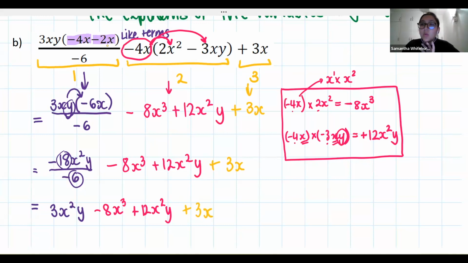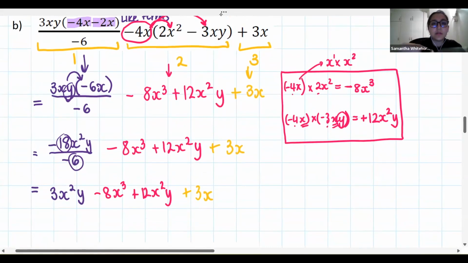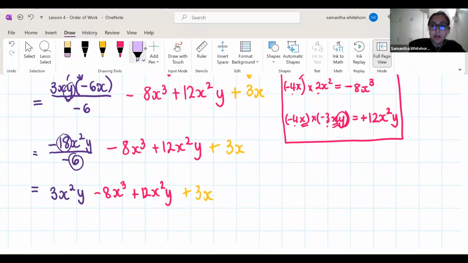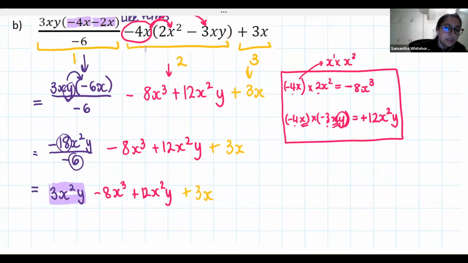Now remember, once all of your terms are simplified, this is where we look for like terms: same variables, same exponent. If I look at my very first term, this one has an x squared and a y. So I check whether any others have both an x squared and a y. Yes, 12x squared y, so those two are like terms to each other.